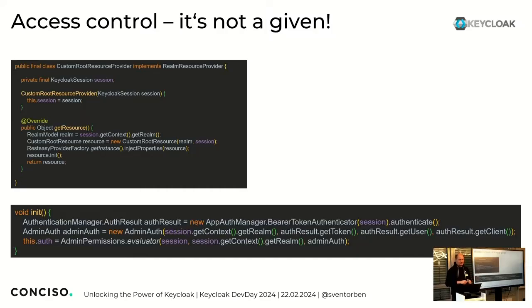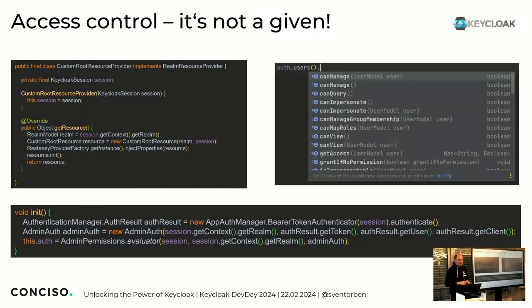If authentication works okay, you can build this thing called AdminAuth. It's just a Keycloak class. You take the result, put it into this AdminAuth object, and then pass it to an admin permission evaluator. So you end up with this admin permissions evaluator, and then you can call, for example, users can manage.